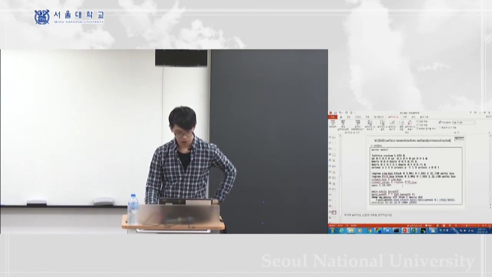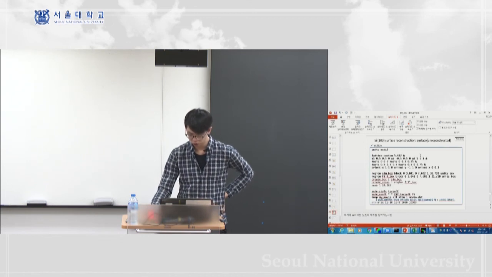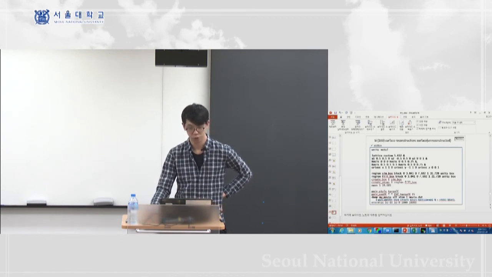And the first is the surface with no reconstructions, so it's bulk terminated.